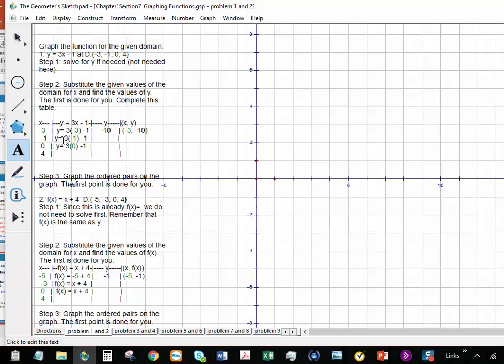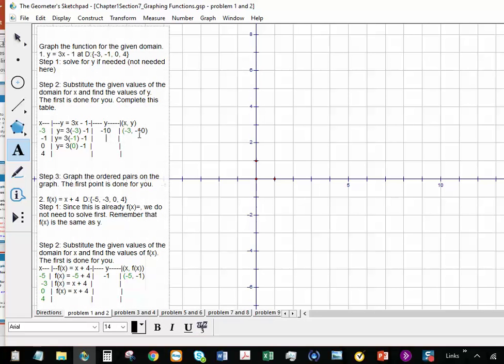And now I'll do the next one. Okay, now I need the x value of -1, the domain value of -1. So 3 times -1 would be -3 minus 1 would be -4. So my next point, I'm just using the text tool here, would be -1 for x, because that's what I used, and -4 is what I found for y.